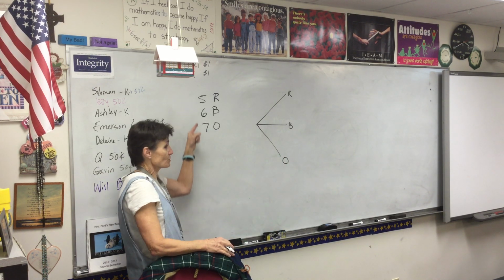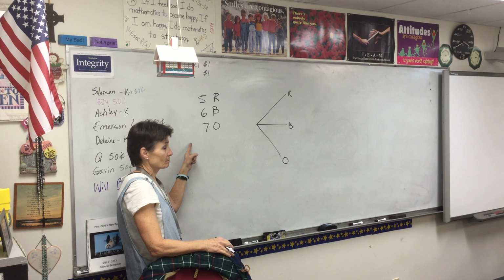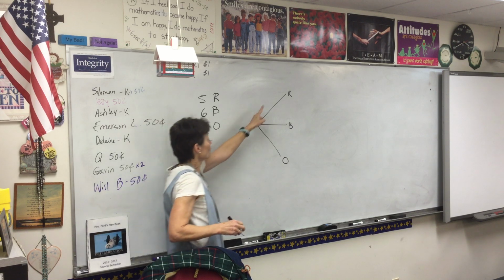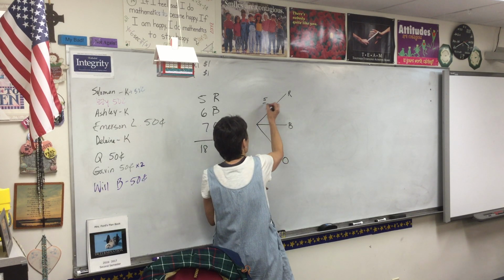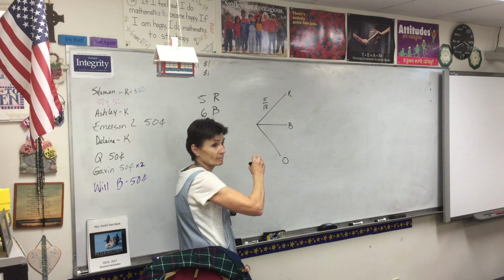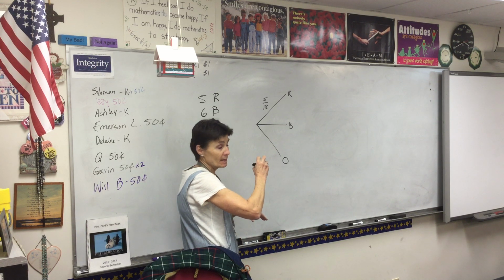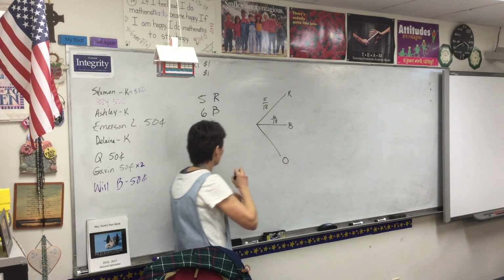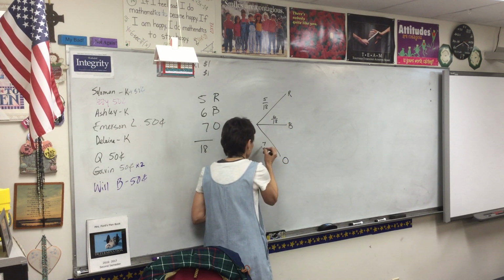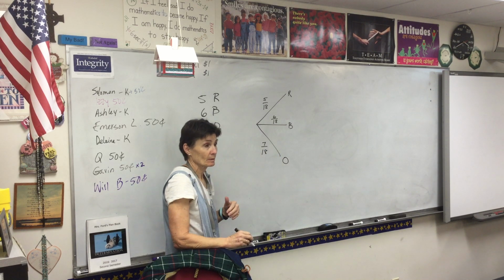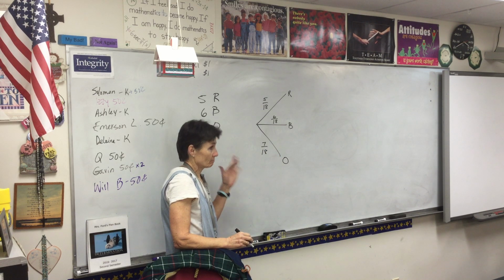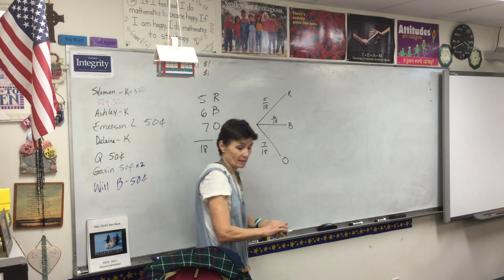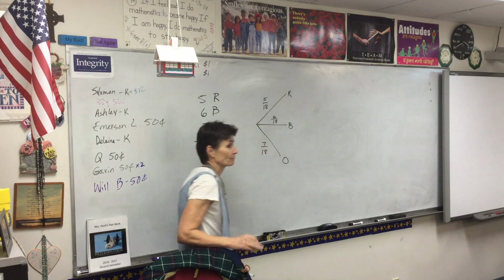Now, how many pencils are in the bag? 18, right? So the probability that I would get a red one would be 5 18ths, right? And I get a blue one would be 6 18ths, and I get an orange one would be 7 18ths, right? So I have reached in the bag and pulled a pencil out, and I've laid it on the desk.